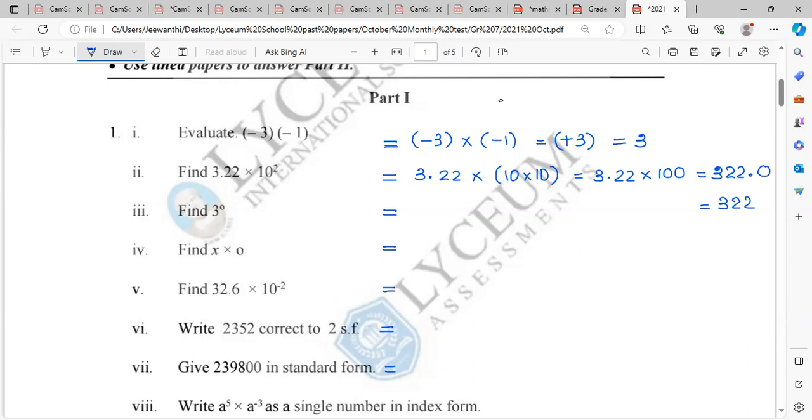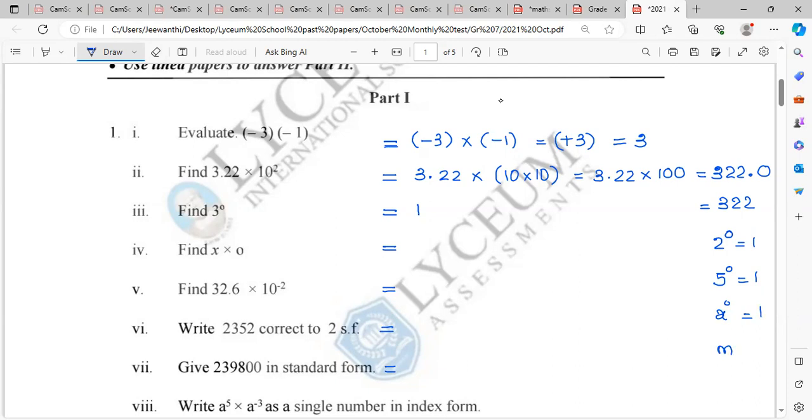Then the next one, 3 to the power 0, answer 1, right? How did I get this answer straight away? We know when the index is 0, whatever the base value, the answer is 1. I will remind you if you can't remember: 2 to the power 0, the answer is 1. 5 to the power 0, the answer is 1. X to the power 0, the answer is 1.